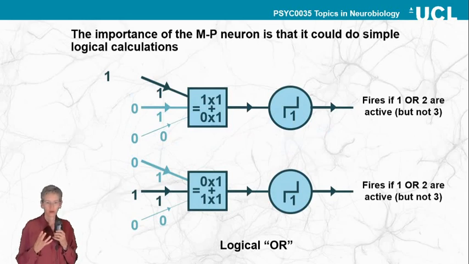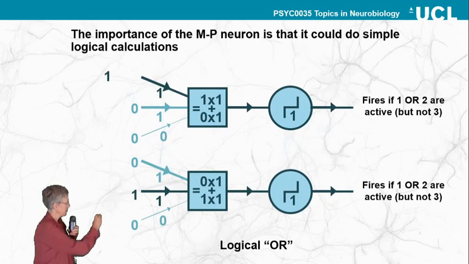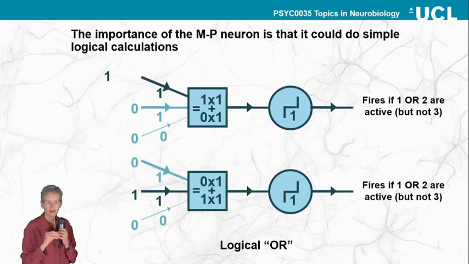Here's an example of a logical OR. So it's a similar principle. You've got the activation times the weight, and in the top example, the active input is 1 and the weight is 1. So you've got 1 times 1, but none of the other inputs are active, so there's no more to add to that. So the sum total is 1 and the threshold is 1, and so the cell will fire.